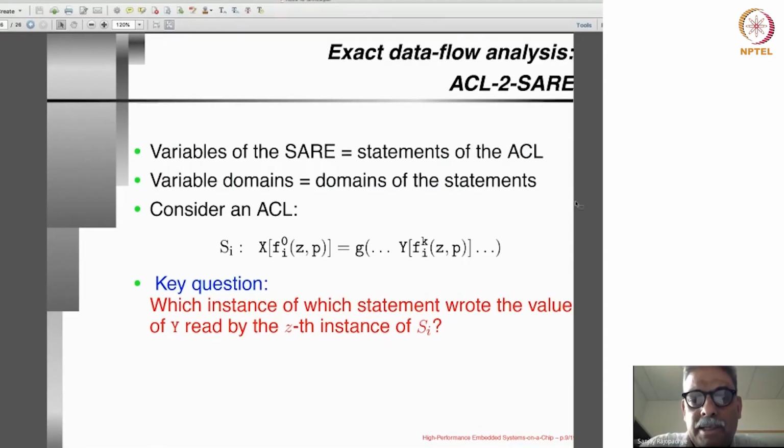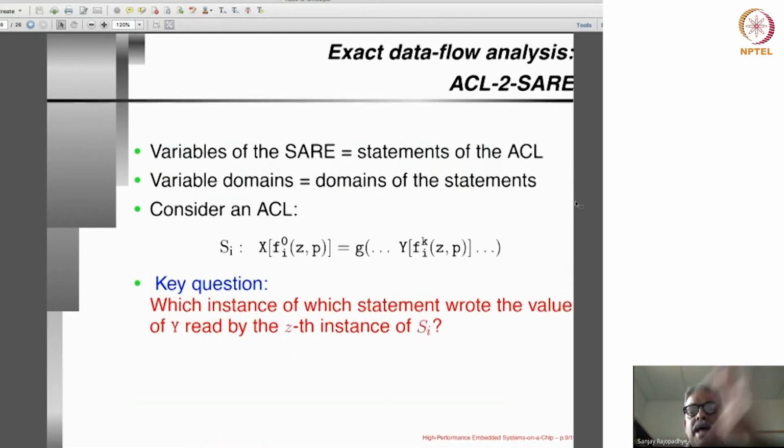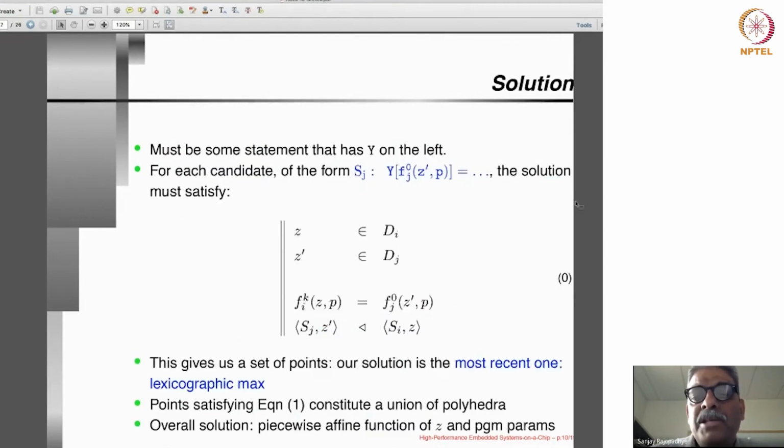Well, the first thing is that it must be some statement in my program that has the variable y on the left-hand side. If it doesn't write to y, assuming that there is no aliasing of array variables, then that statement cannot be my producer. There are many statements in my program that have y on the left-hand side, and I consider these candidates one by one.